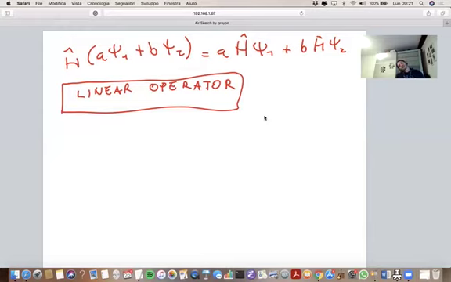Okay, at this point, I'd like to stop and begin building an analogy. We have other examples of linear operations in mathematics you might be aware of at this point of your education.